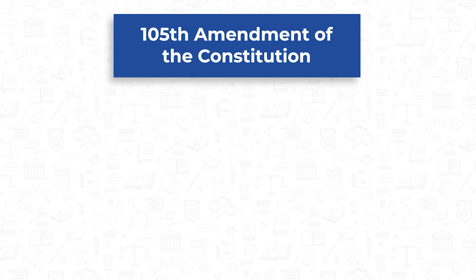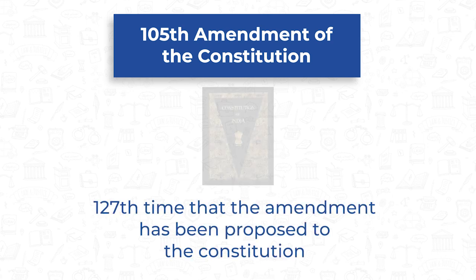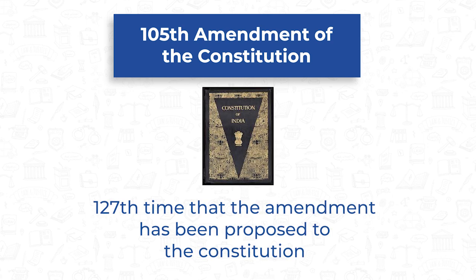So understand this. This is the 127th time that an amendment has been proposed for the Constitution. And when it is approved by both houses of the parliament and assented to by the president, only then it will come into force and it would be the 105th Amendment of the Constitution which has been approved by Parliament and the President.